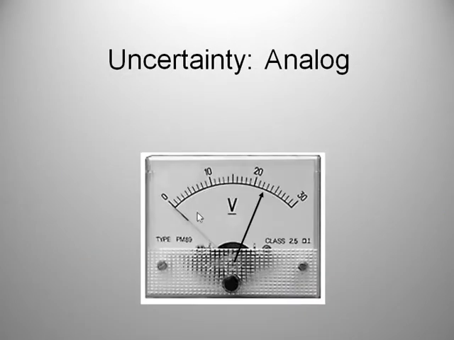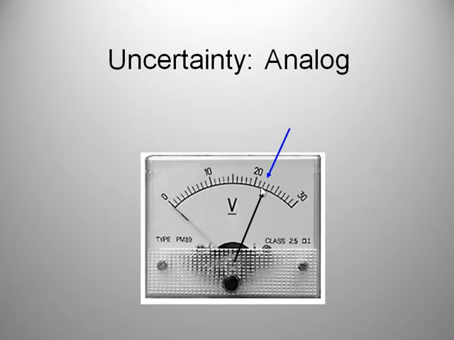So here's another example of an analog meter. It's a voltmeter. So any kind of meter with a needle that moves like this with a magnetic moment would be an analog meter. What would you say this value is right here? Well, I'll go ahead and pause your video if you want to take a stab at it. Okay, so the smallest division here looks like it's 1 volt, right?